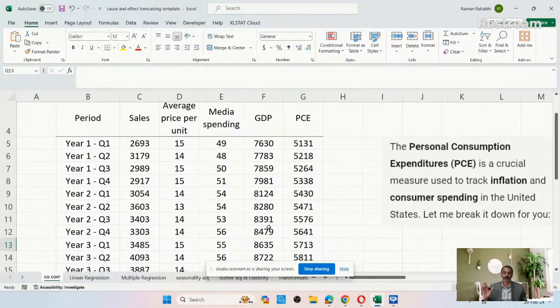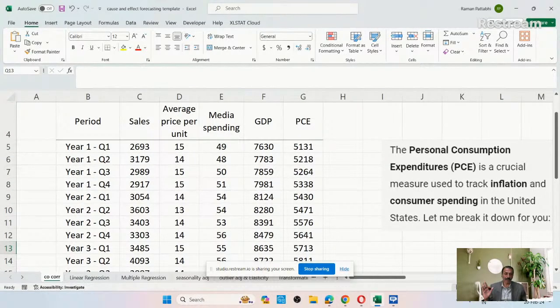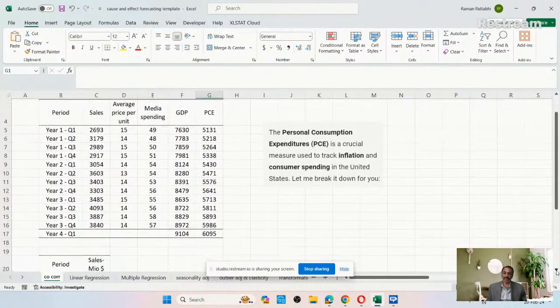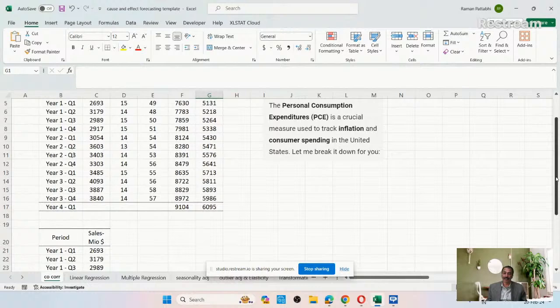So you have quarterly data for 3 years, quarterly data for the sales, and you have other factors here. Maybe you see in terms of the pricing and the spending, GDP, PCE. These are the other factors which can affect the sales.